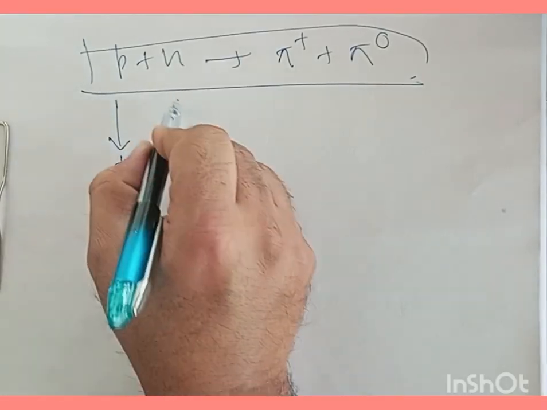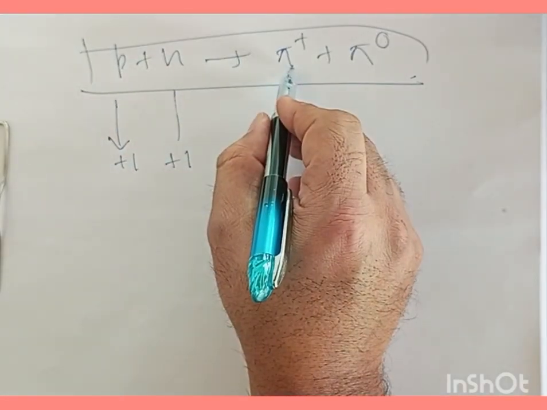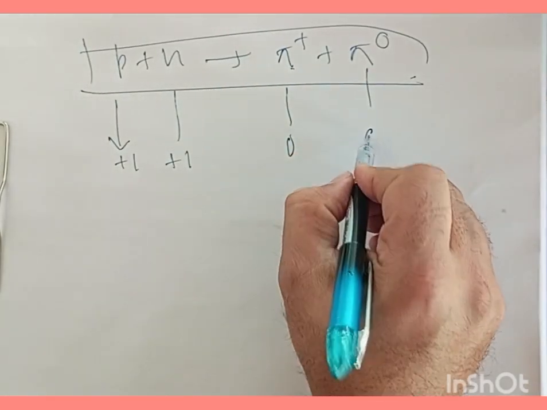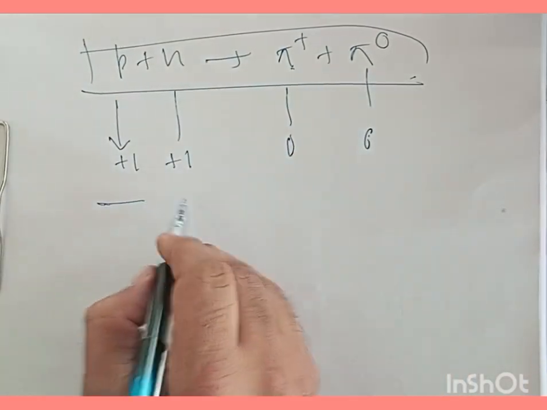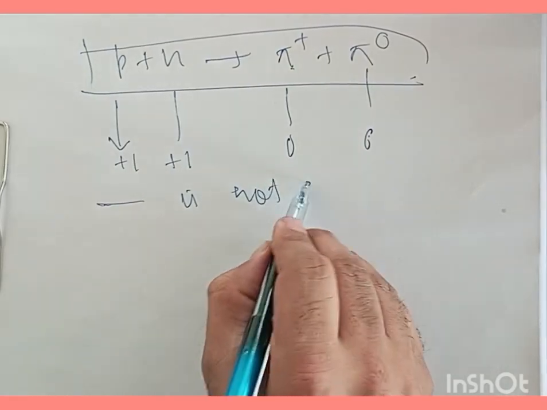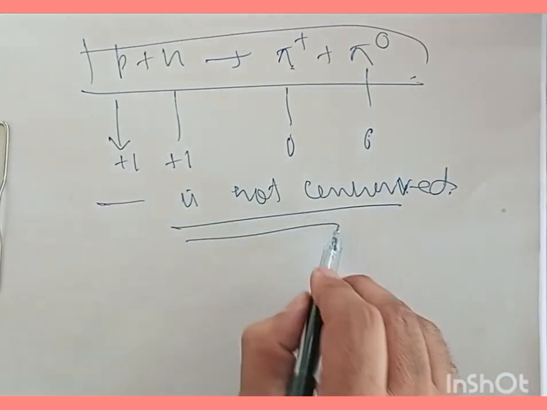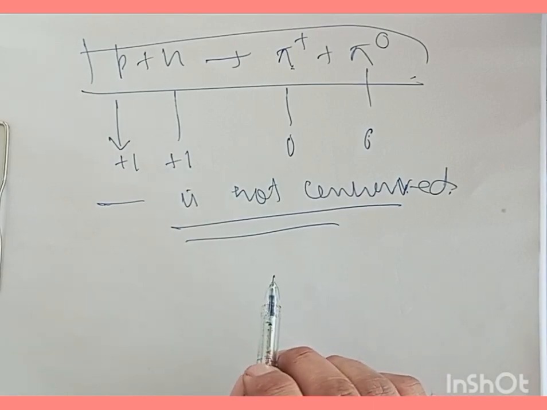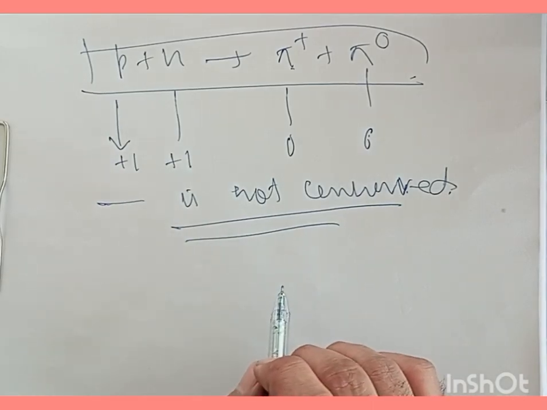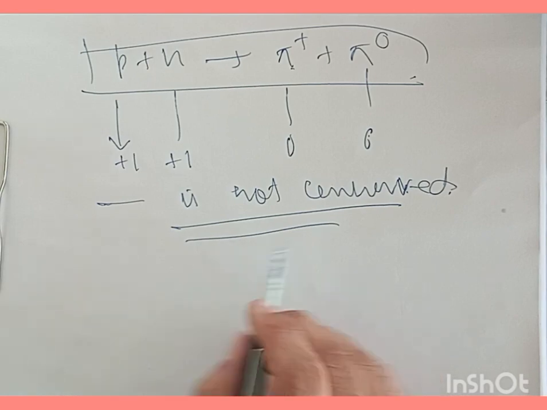Here we have +1, +1, and here we have 0, 0. So we can see that the baryon number is not conserved. If the baryon number is not conserved, I should say that this reaction is not possible.